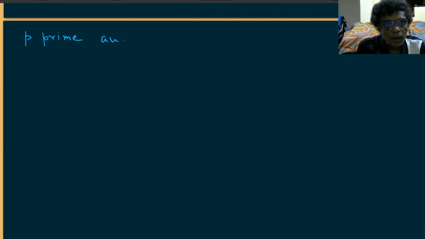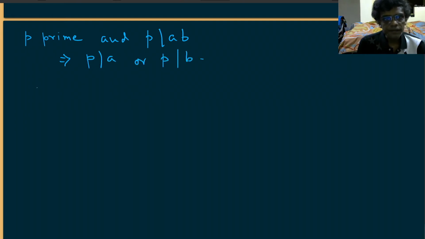So this is the final and most important theorem. But before doing that, let me just recollect. I have proved: P prime and P divides a product AB implies P divides A or P divides B. In fact, I can generalize this result to this theorem.